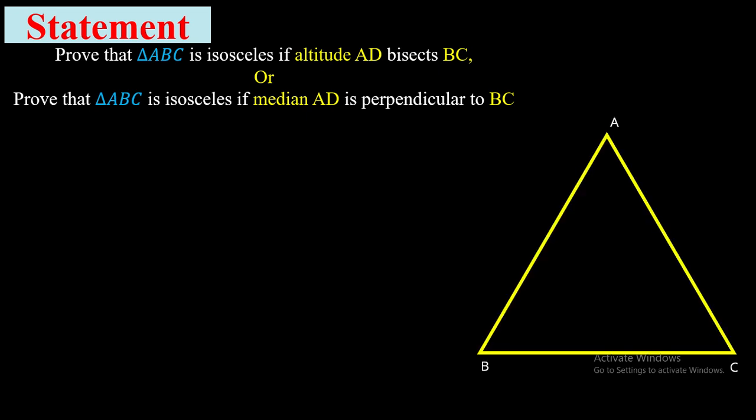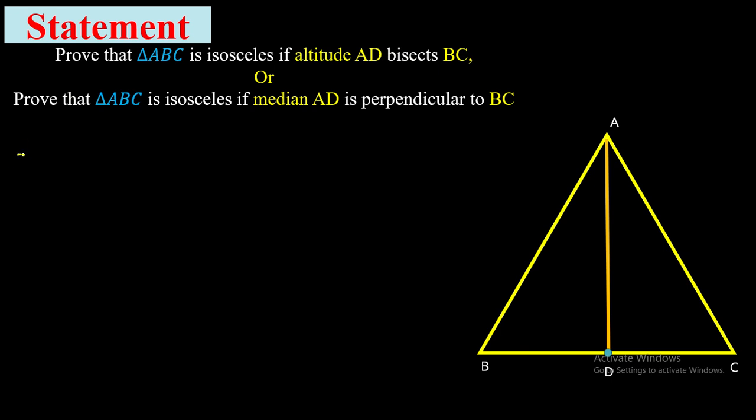We have this triangle ABC, in which AD is altitude as well as median. And we said that in an isosceles triangle, median and altitude coincide. Now here we have to prove that if this median and altitude coincide, then this triangle is an isosceles triangle.